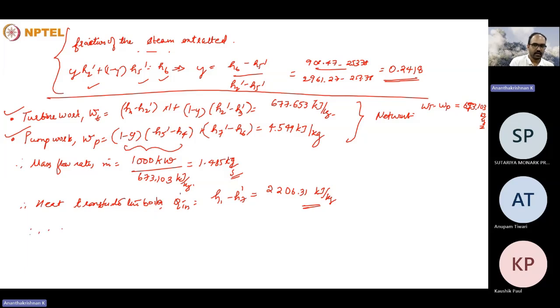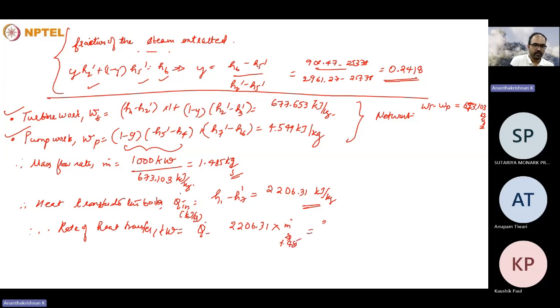So the rate of heat transfer in terms of kilowatt is equal to 2206.31 into the mass flow rate of 1.485.